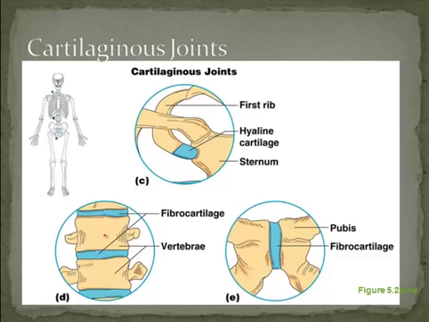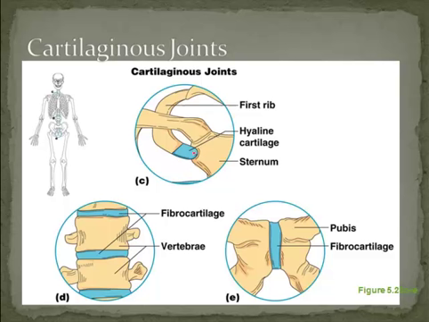So these are going to be amphiarthrotic, or they may be synarthrotic. Another place we have is where our ribs connect to our sternum. So we have a little bit of cartilage here as well, holding those ribs to our sternum. And so this is an example here. So when someone does CPR, inevitably, those ribs are going to detach from the sternum.